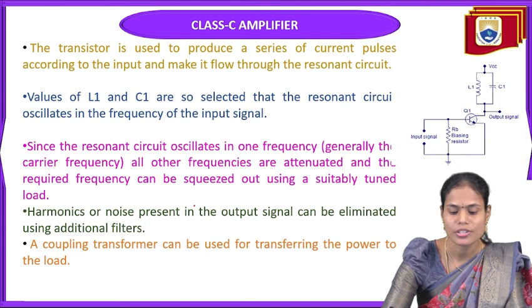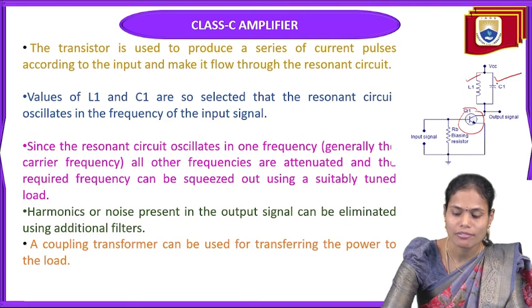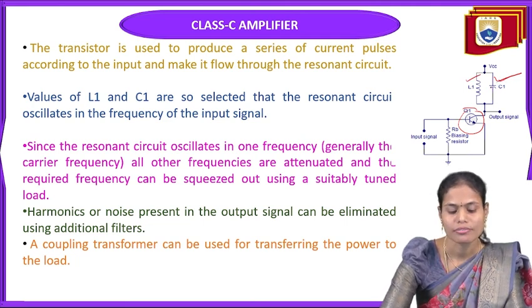Here the transistor is used to produce a series of current pulses according to the input and make it flow through the resonant circuit. The values of L1 and C1 are selected in such a way that it should oscillate at the applied input frequency.